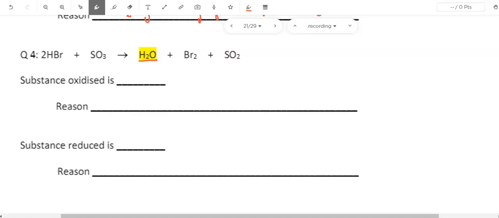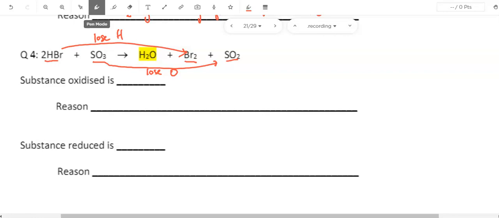Let's compare HBr to Br2. So let me erase this one. HBr to Br2, if you look at this over here, this is actually about losing H. This one here to this one here is actually about losing O. So you realize we are mixing two of the lose-gain concepts together, hydrogen and oxygen concepts over here.